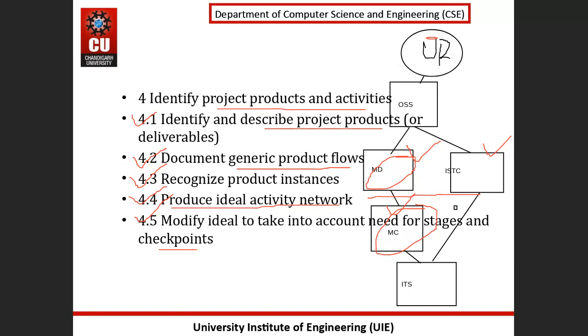Means the approach of sequencing activities described here encourages the formulation of a plan which will minimize the overall duration or elapsed time for the project. So it assumes that the activity will start as soon as the preceding ones upon which it depends have been completed.